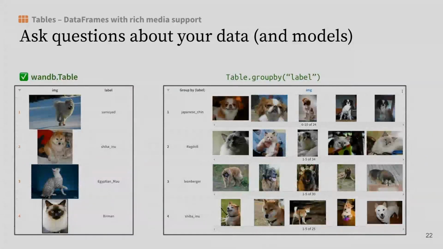And you also have all of the computational bells and whistles that you'd expect from a pandas data frame. So here you can see we've grouped by the type of animal, dog.